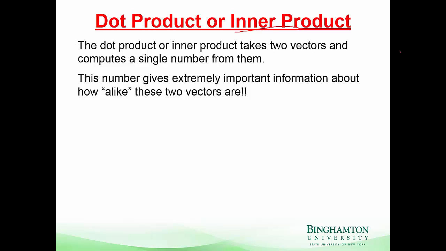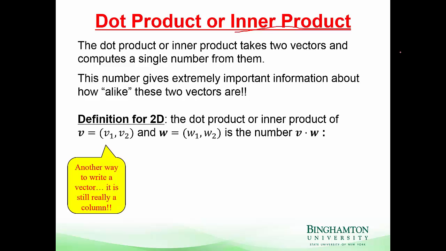The number that this gives back tells us something very important about these two vectors. It tells us how alike these two vectors are, and by that we kind of mean how aligned they are. In what way are they aligned with each other, or how do they point in the same direction or not?